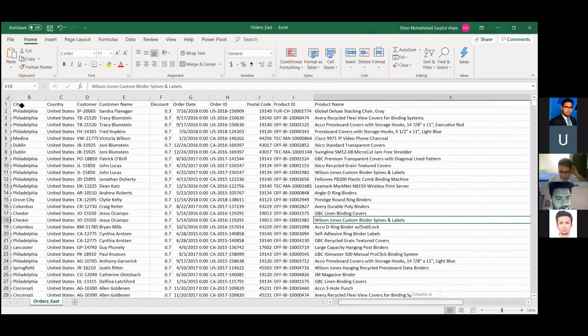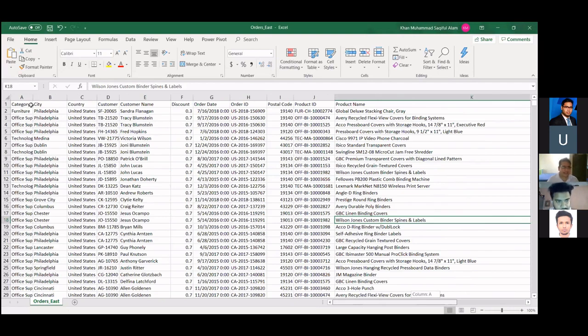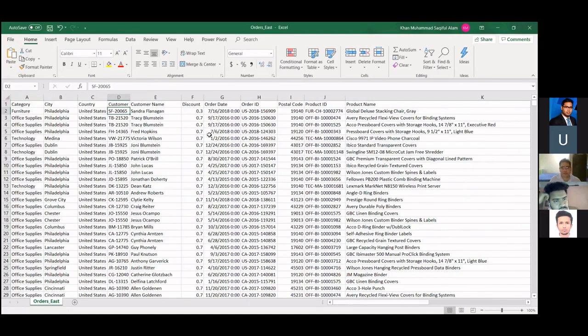Sorry, I'm really sorry. So here we can see this is the Excel file. This is the orders east Excel file that I have opened. So here we can see the category, which category the sale was in, then the city, then the country, then customer code, customer name, how much discount was given, order date, order ID, postal code from where the order came from, product ID.